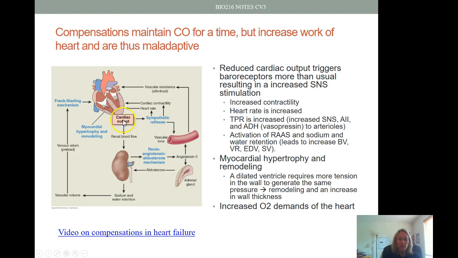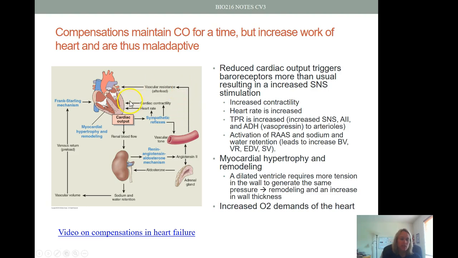The reduction in cardiac output is going to trigger baroreceptors, resulting in an increase in sympathetic reflexes and sympathetic stimulation. This is going to result in an increase in heart rate and an increase in cardiac contractility. It's also going to stimulate peripheral vasoconstriction, which is going to result in an increase in total peripheral resistance.